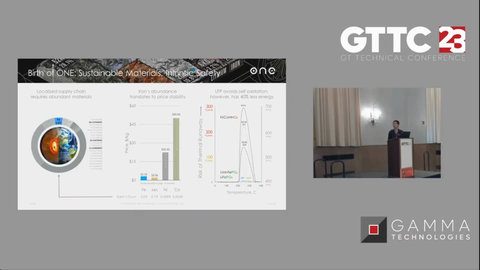Before really introducing the model or the project, I want to start with what our company is doing. We are based on a fact that the materials we typically use in the batteries are not abundant on Earth. So you can see on the left figure that the manganese, nickel, and cobalt, especially the nickel and cobalt, are not sufficient in the Earth.